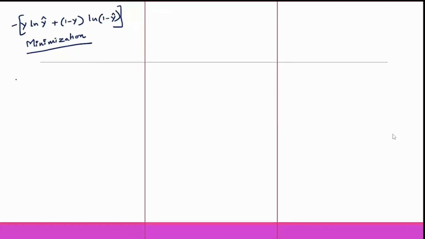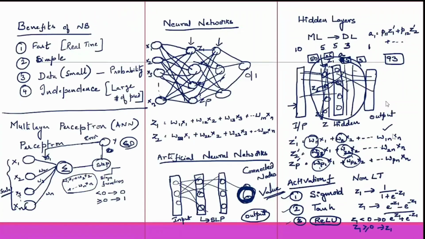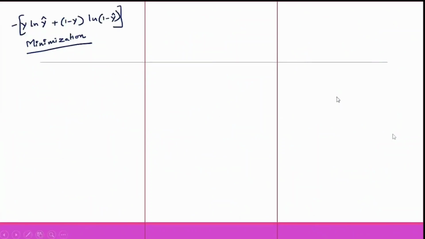So in this earlier scenario, right, you have come until this output. Now you compare this output with the actual. So now you use this error function, right?